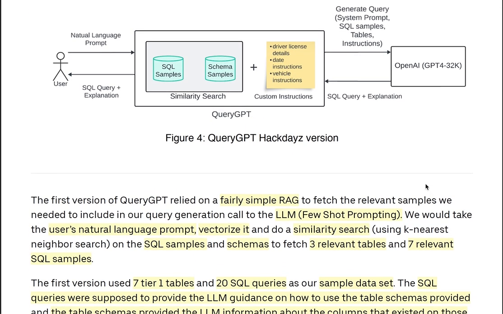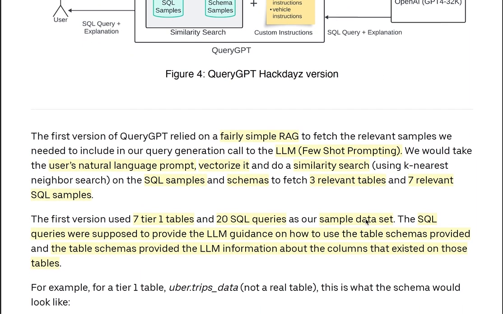If you talk about the steps, obviously the steps in a simple RAG would be taking in the input, vectorizing it, finding the similar SQL, in this case SQL tables, schemas, etc., fetching a certain number of these relevant tables and schemas, and using this to actually generate the final answer.